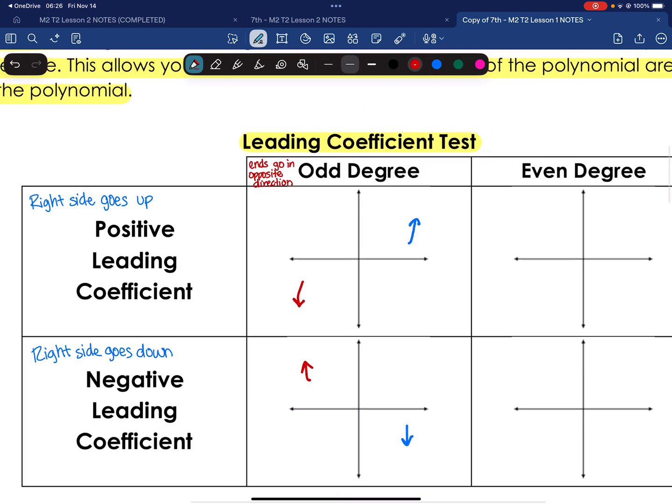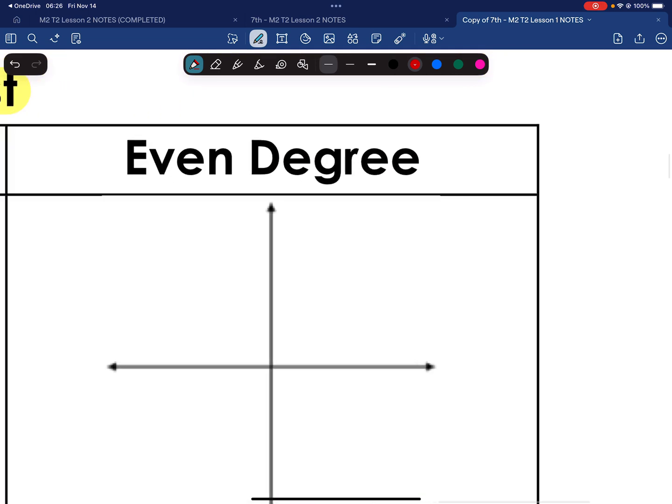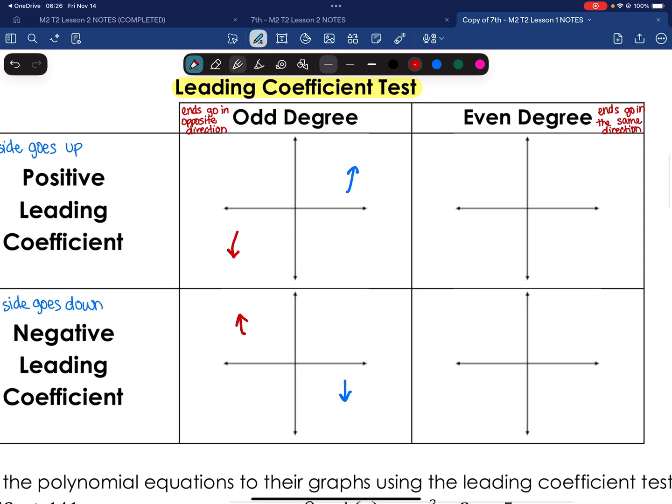Now, we do have even degrees. So with even degrees, the ends go in the same direction. If we have an even degree with a positive leading coefficient, the right side goes up, and since it's even, so does the left side because they match.